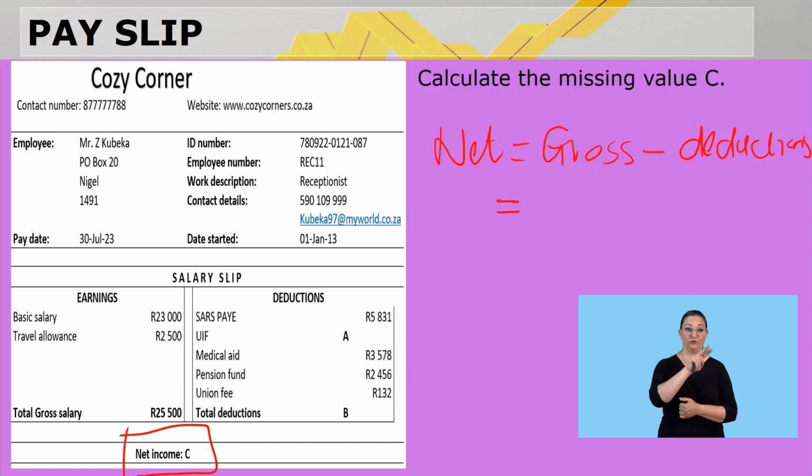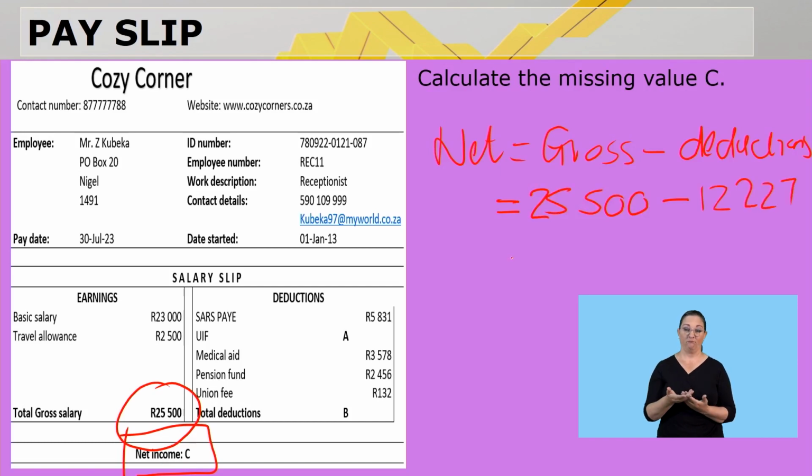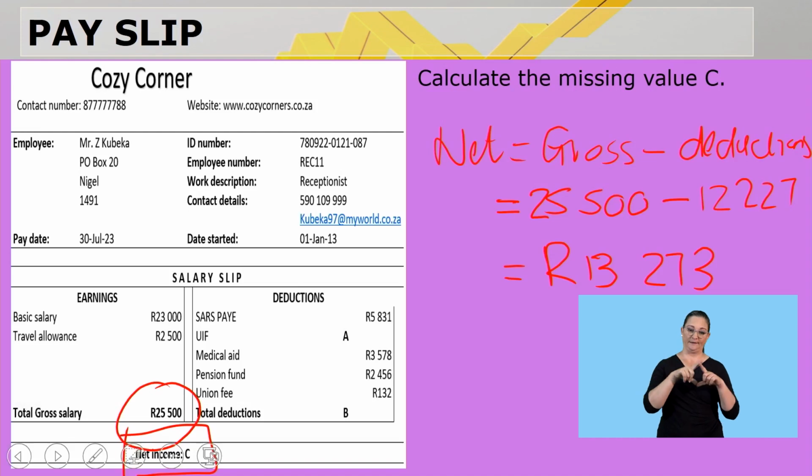So it's going to be the 25,500 minus what we calculated, 12,227. So her take-home money, her net income, is 13,273 Rand. That is a payslip.